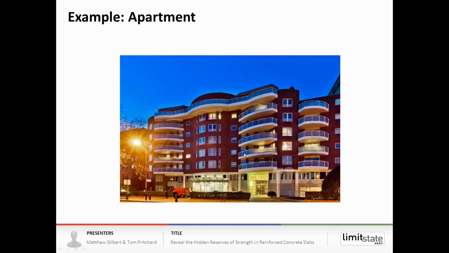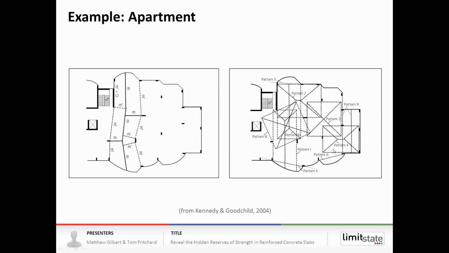Last one I'm going to talk about briefly is an apartment block, or slabs in an apartment block. The reason for this is that this is actually the one that's covered in the yield line design guidance document published by the Concrete Centre a little more than 10 years ago.